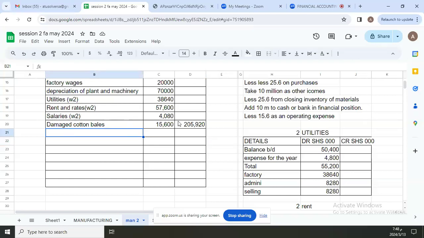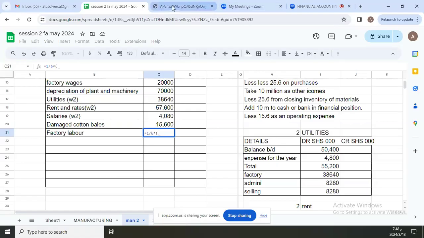So let me put it here. Factory labor. So for our factory labor, it is going to be what? One over 6, multiply by brackets.